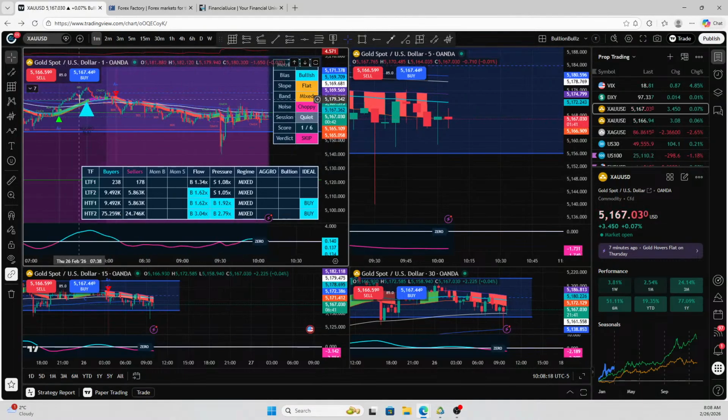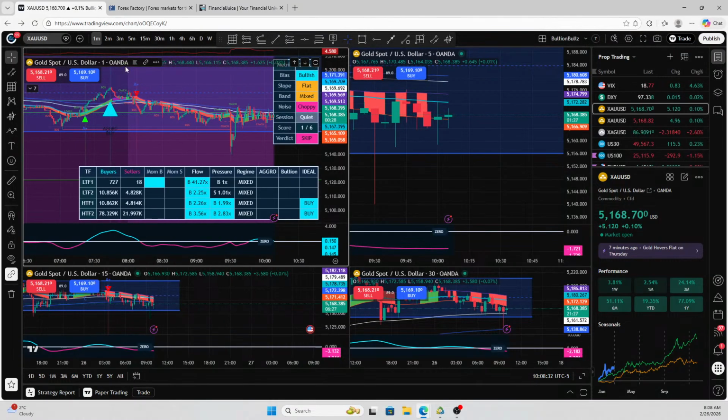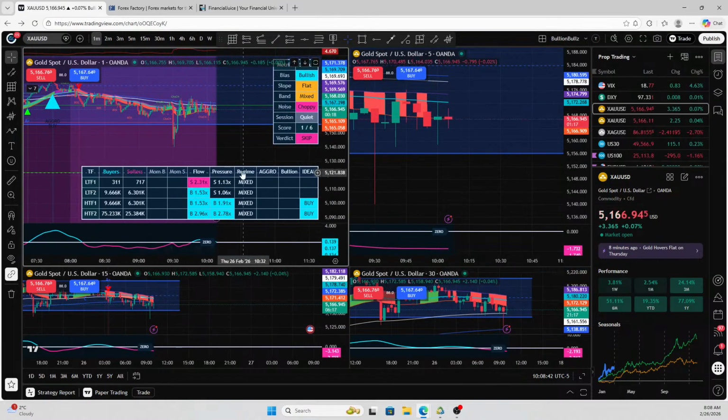Even the indicator, the Bullion Bulls AI system, actually includes market structure when it's giving me these signals. So when we take our signals, those signals actually take into account the market structure along with the overall bias and the volume.